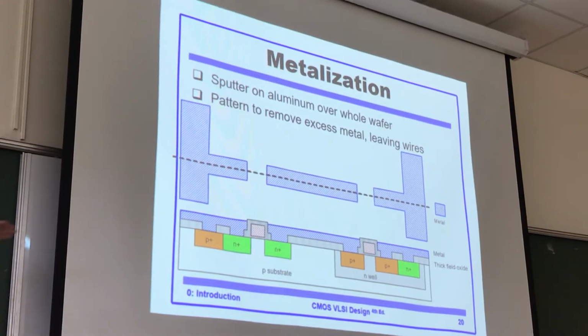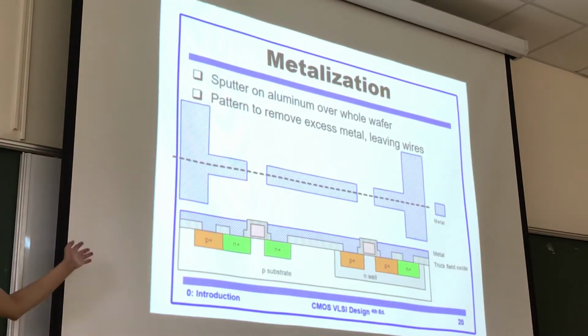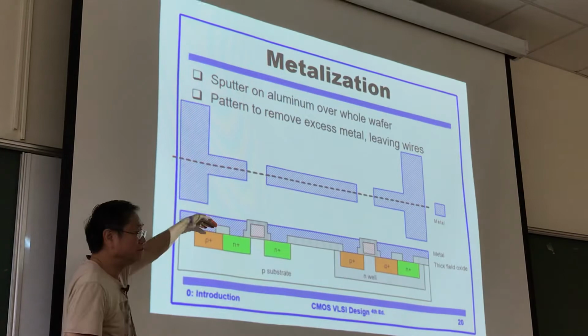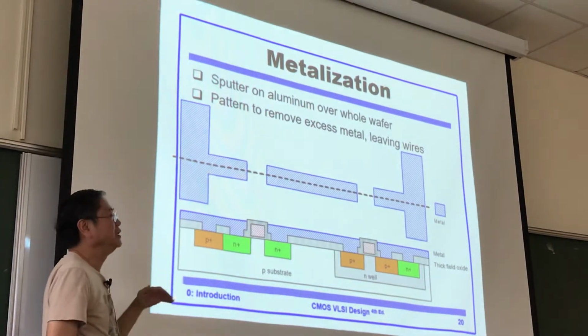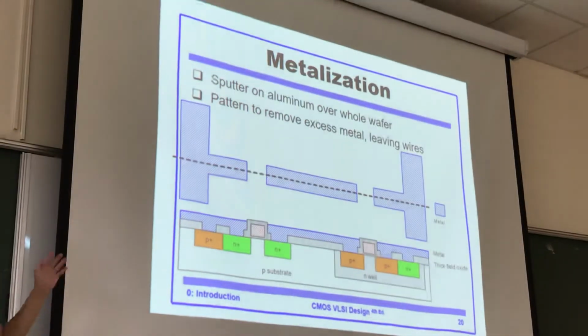Okay, now that's complete. Now that's the final step of the chip manufacturing. But in this case, there's only one layer of metal. Actually, in industry, they can grow quite a few layers of metal.